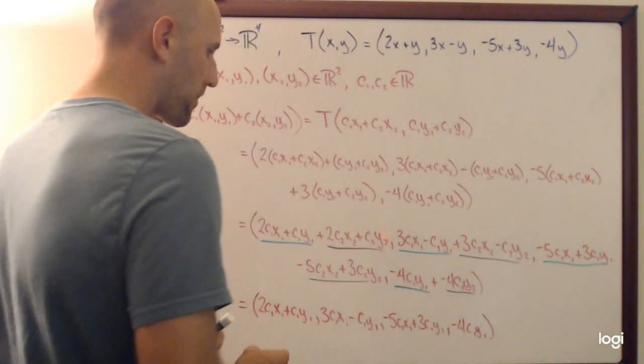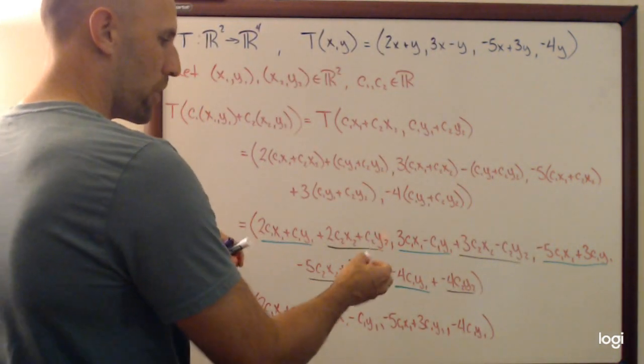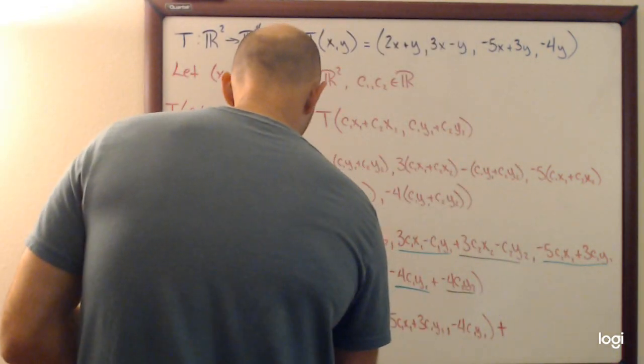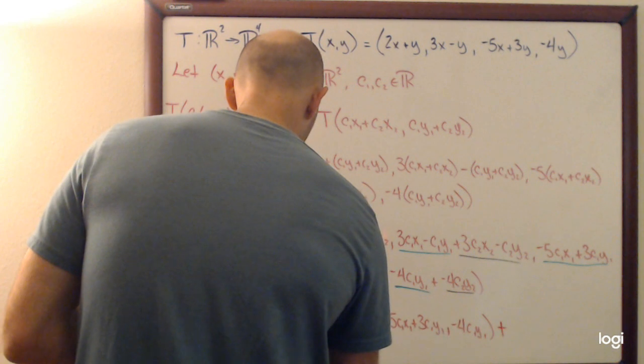All right. And the remaining components I'll stick into my second vector here, so plus, and then my second vector is going to be the exact same structure, right?